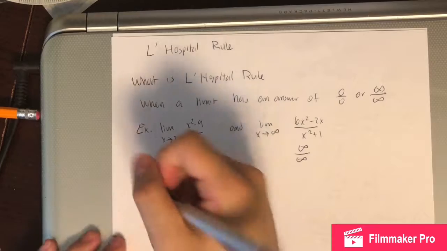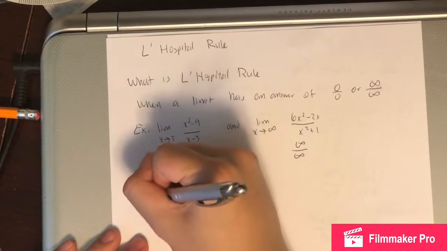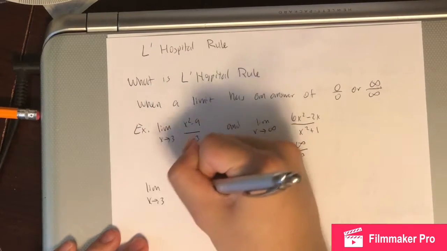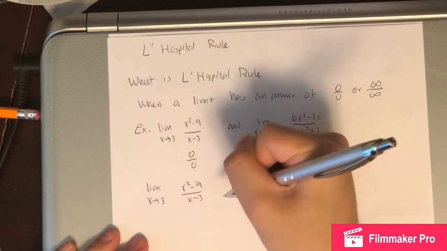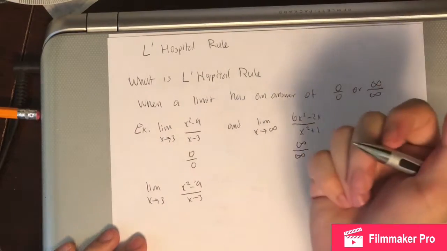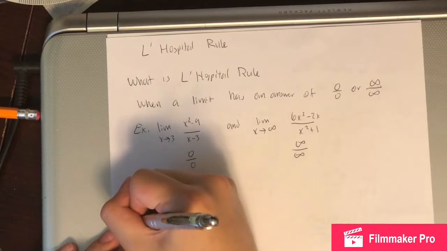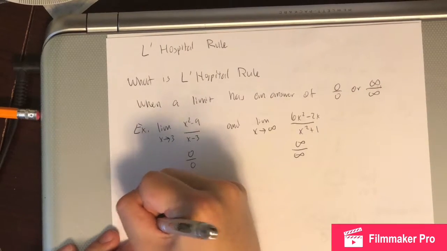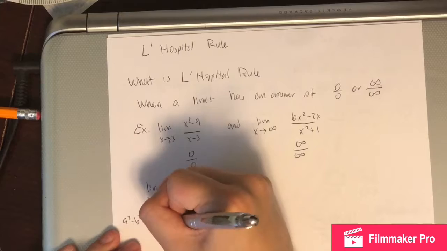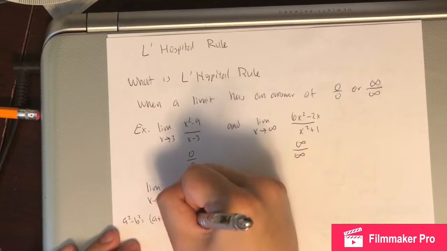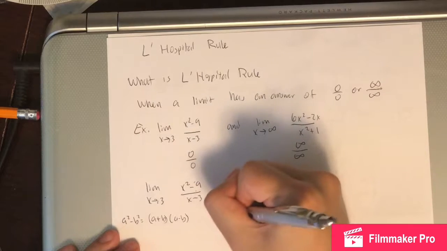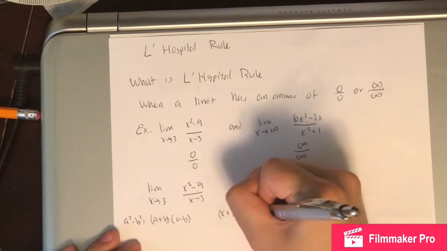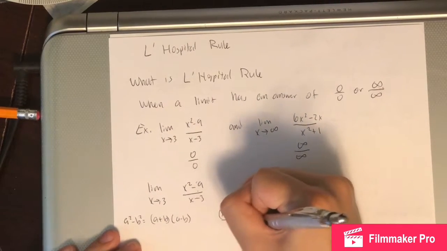But as we've learned before, the limit of x to 3 of x squared minus 9 over x minus 3, we can solve this without the L'Hospital rule. Based on the formula a squared minus b squared equals a plus b times a minus b, we can change this to x plus 3 times x minus 3 over x minus 3.